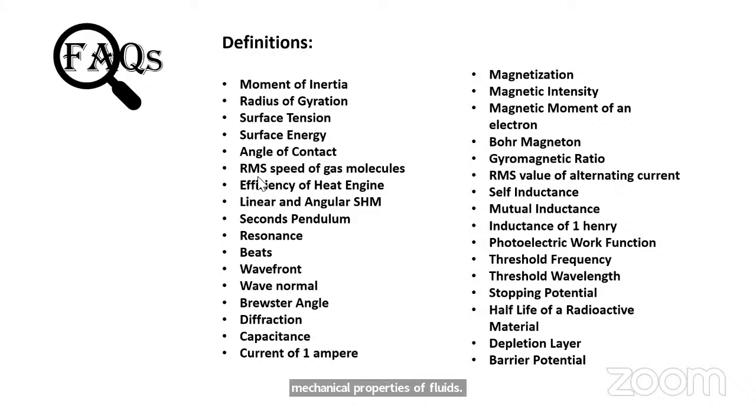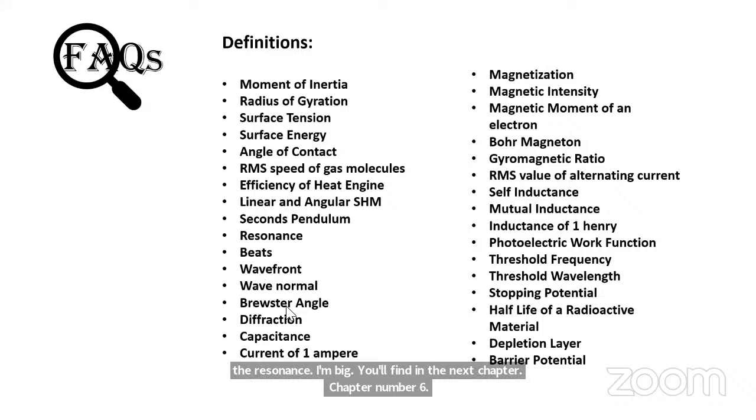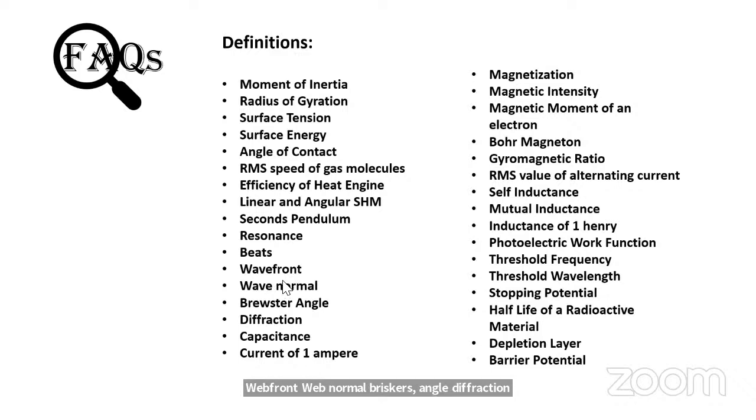Then the next in this list, RMS speed of gas molecules, you will find in kinetic theory of gases, efficiency of heat engine in thermodynamics, then linear and angular SHM, seconds pendulum, you will find in the chapter oscillations, then resonance and beats you will find in the next chapter, chapter number 6, wavefront, wave normal, Brewster's angle, diffraction, you will find in the chapter interference and diffraction.